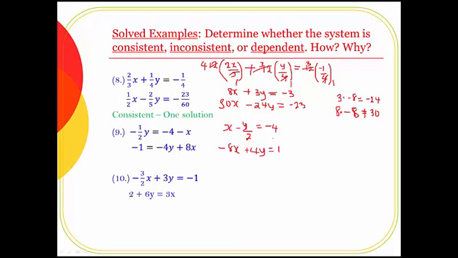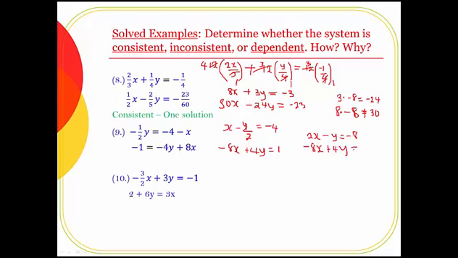Okay, if we look at this now, if you don't like fractions, the LCD here is 2. So 2 times x is 2x. So you have 2x minus y, because 2 divided by 2 is 1, 1 times y is y, equal to 2 times negative 4, which is negative 8. And then here is still negative 8x plus 4y equal to 1. So you see, you line it up.